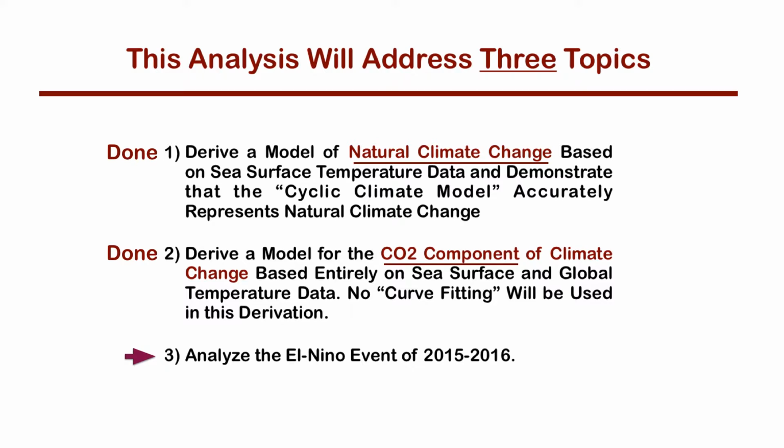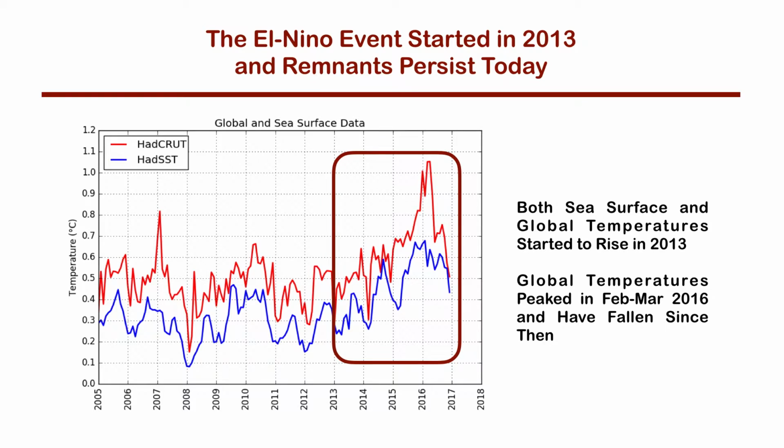So we've finished with the first two topics. The last thing we're going to talk about now is a more detailed analysis of the El Nino event of 2015-2016. And what I've done, this is the same global red line and sea surface temperature data that we've been dealing with all along.